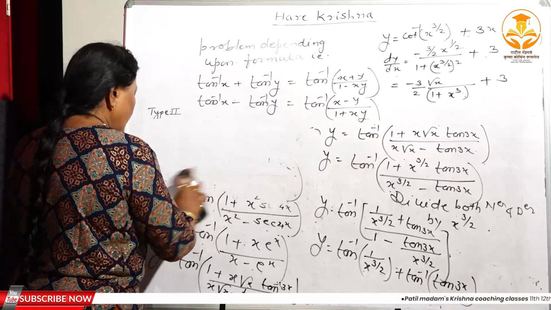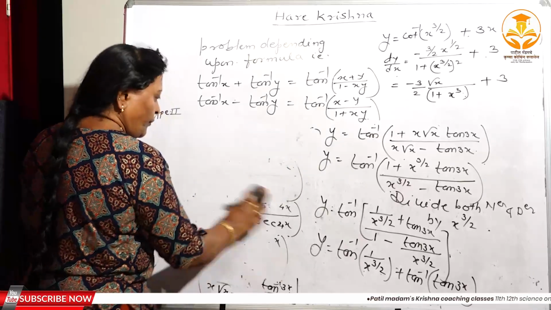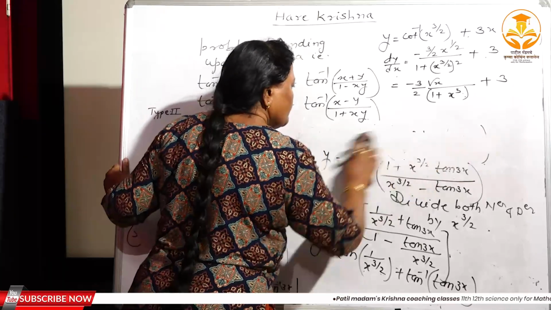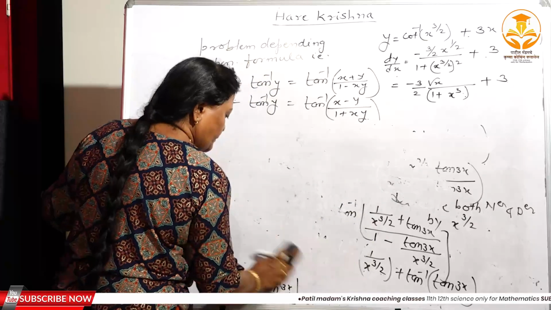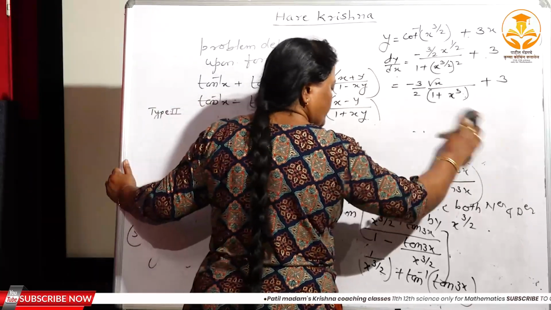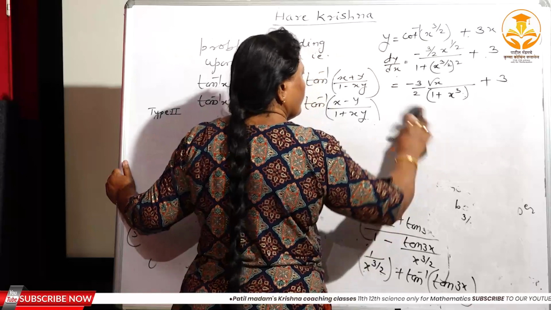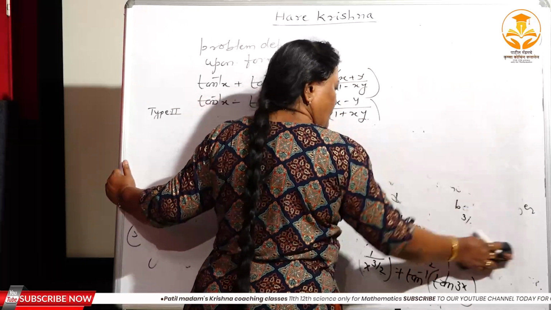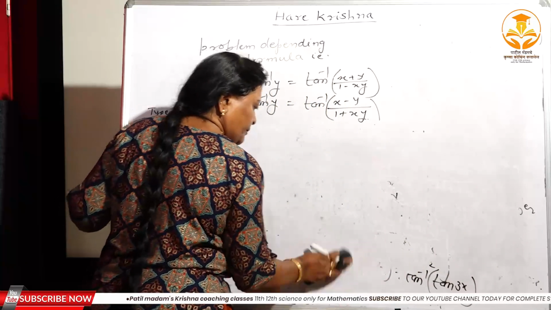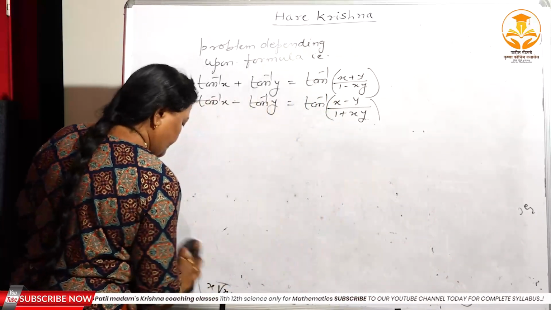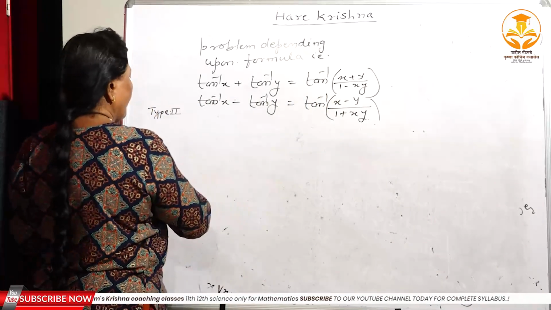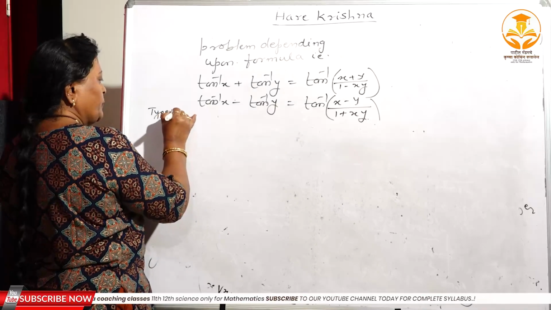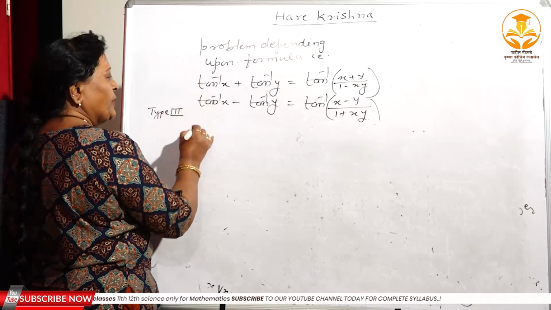Now the third one, see. Third type is also a little bit the same. Type number 3. That is again dependent upon this formula.